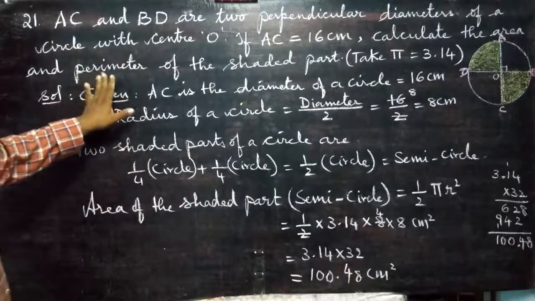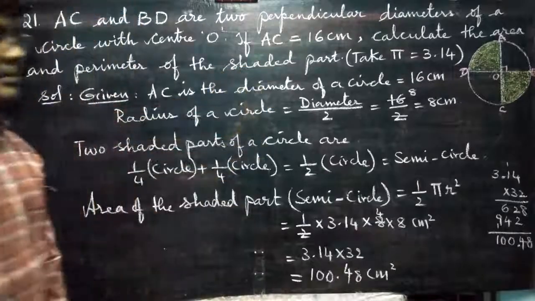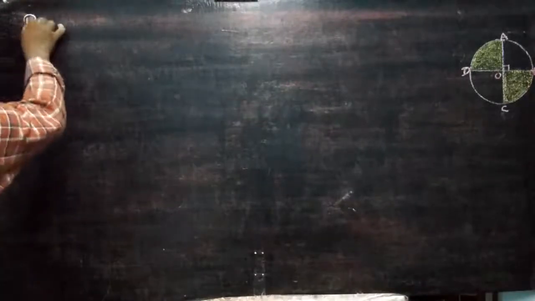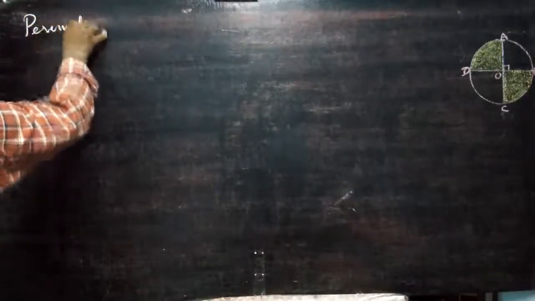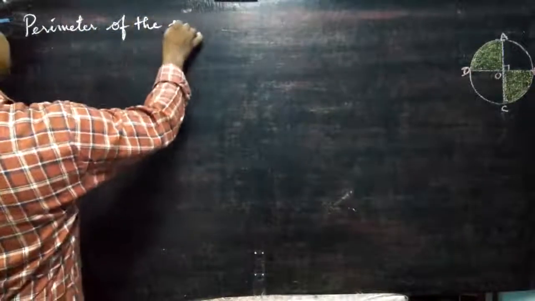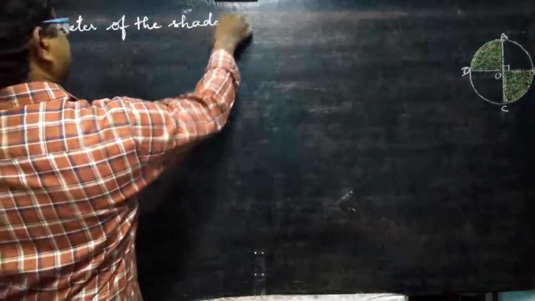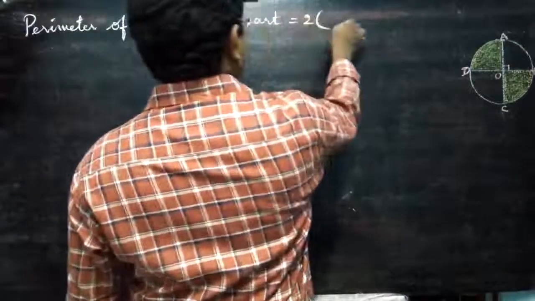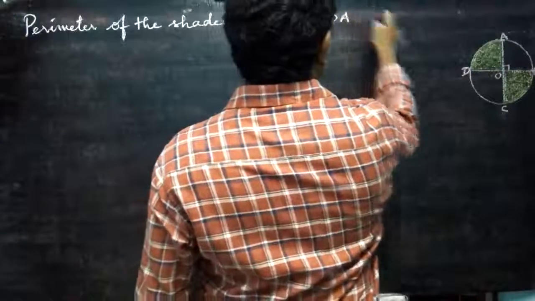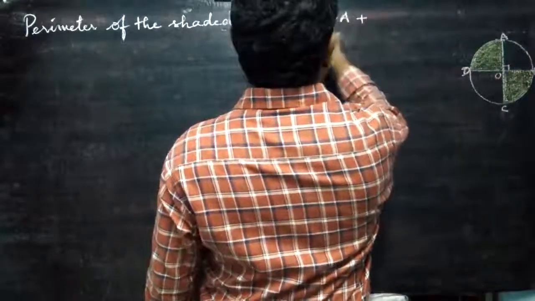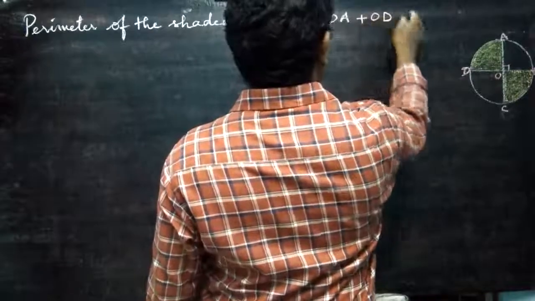Next we have to find the perimeter of the shaded part. Now the perimeter of the shaded part is equal to 2 into OA, because here OA how much? OC that much, plus 2 into OD.